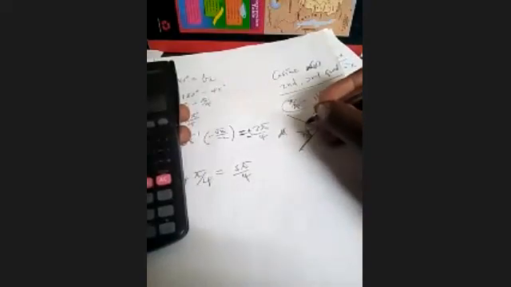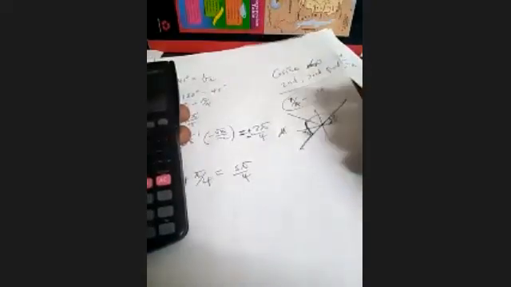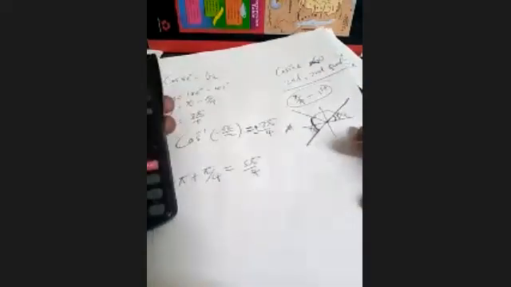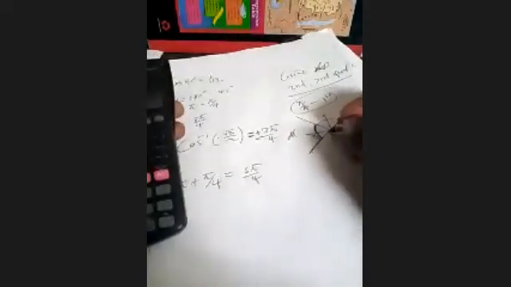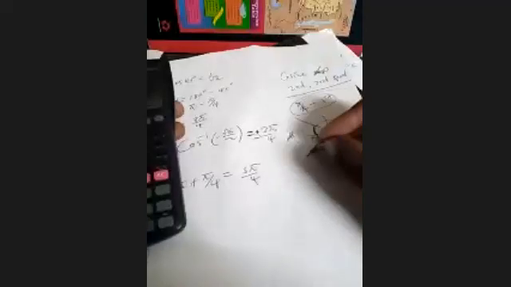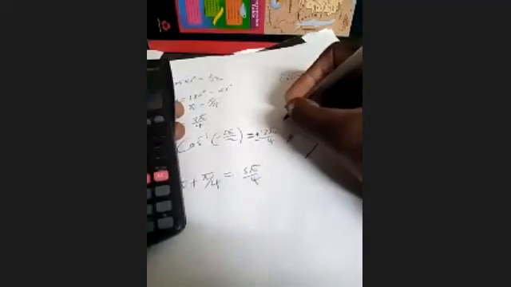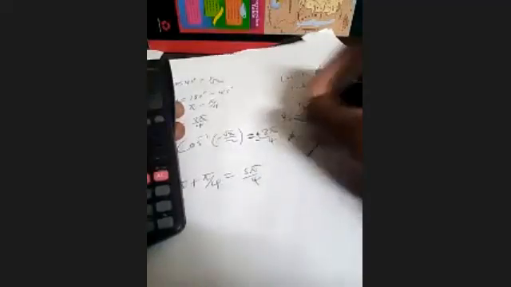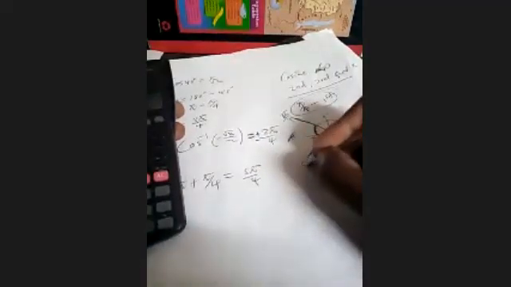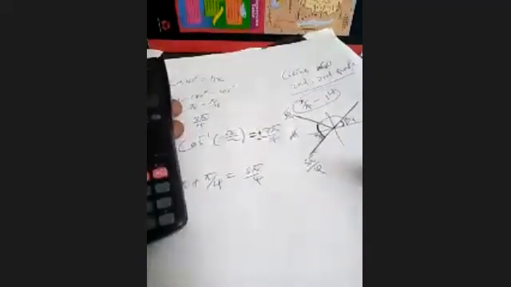So I move another pi over 4 backwards. That means I'm subtracting now from 180. So these angles are all going to be, rather, coterminal. This is the angle which is 3 pi over 4. This is the angle which is 5 pi over 4.